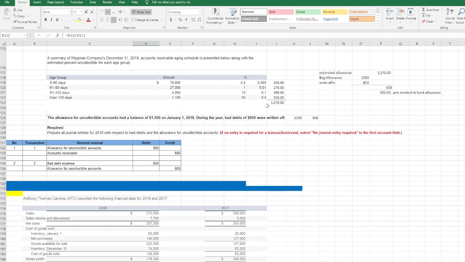Again, this is about correctly identifying the decimals. So when I take 70,000 times 0.005, or 0.5%, I get $350. Then I tend to write off 1% of the 61 to 90 day, and that gives me $270.